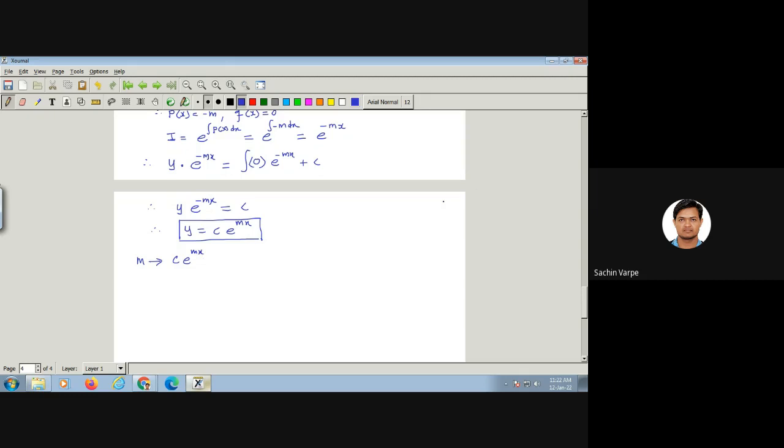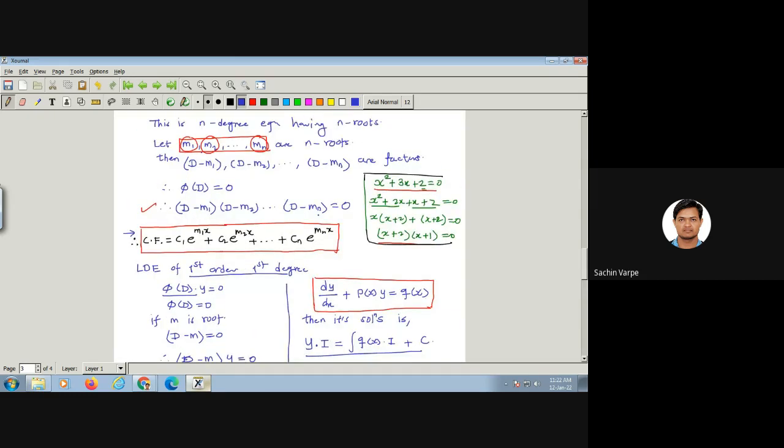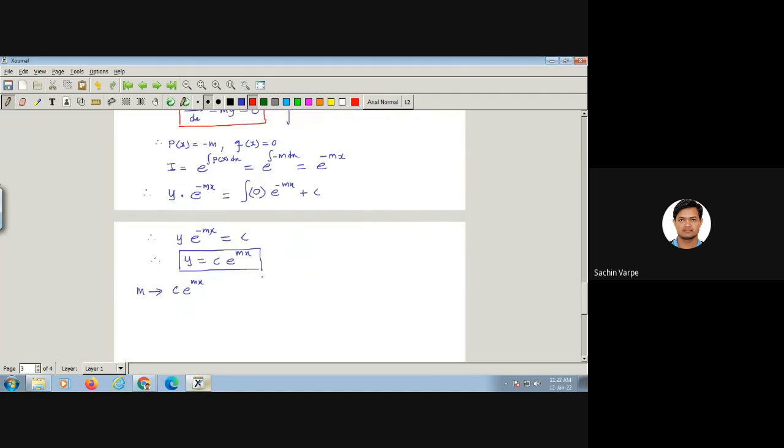We have seen from this equation that each root is satisfying this equation. That means corresponding to each root, we can have such a solution. Can we have such a solution for each root?